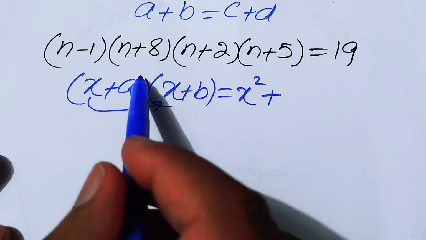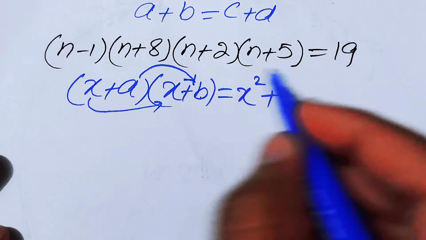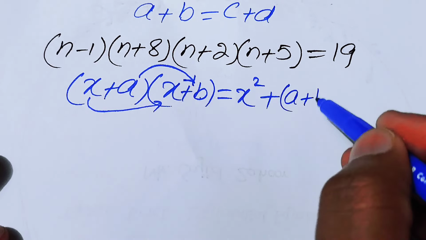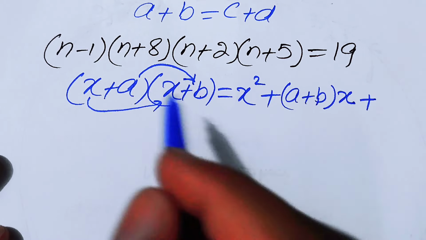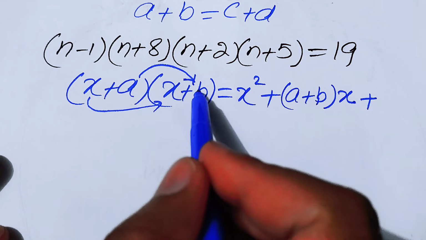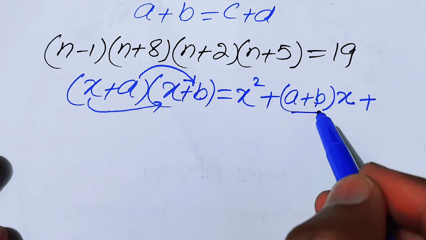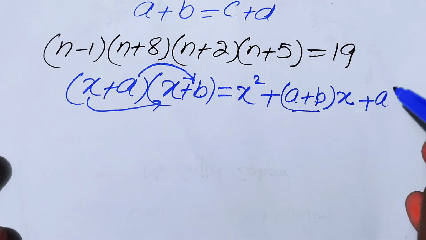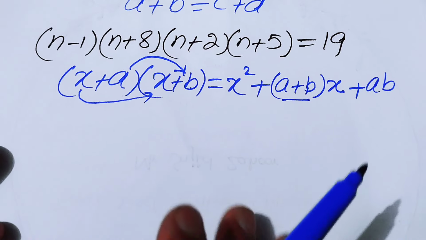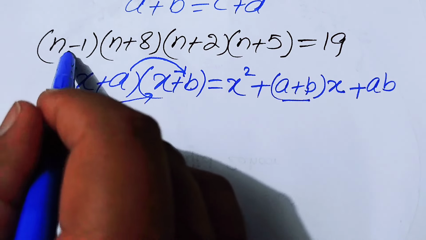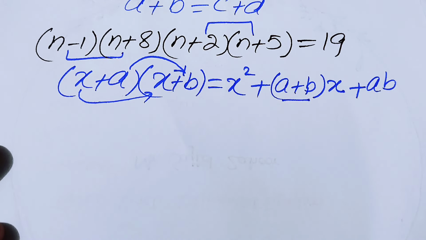After that you add these two terms, a plus b, and multiply it by x, and then plus the product of these two terms, ab. Now we can use this trick in these two pairs.